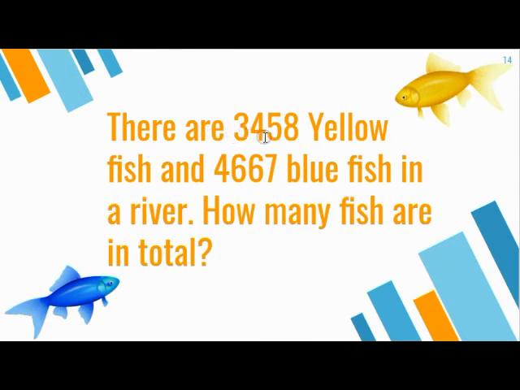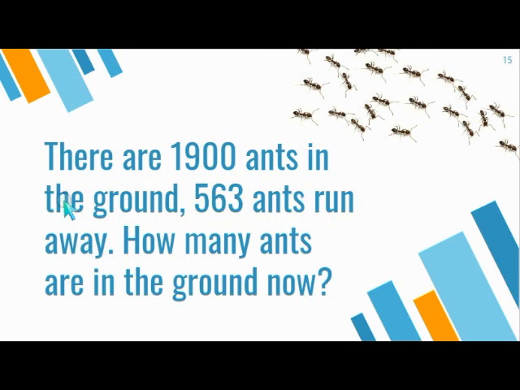There are 3,458 yellow fish and 4,667 blue fish in a river. How many fish are in total? There are 1,900 ants in the ground. 563 ants run away. How many ants are in the ground now?